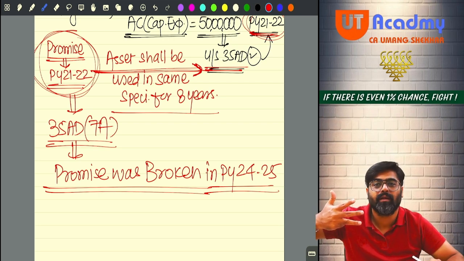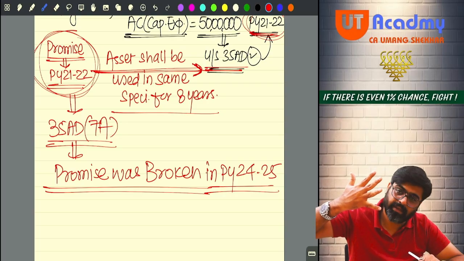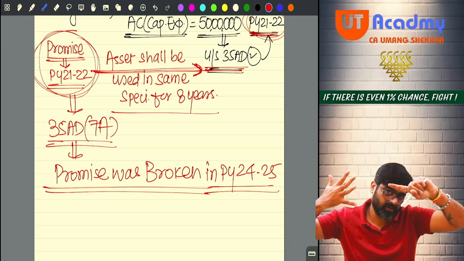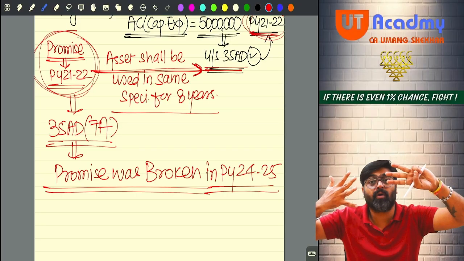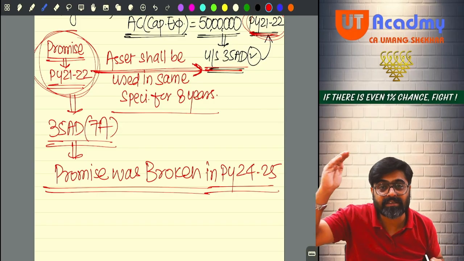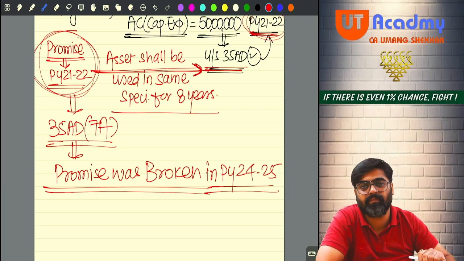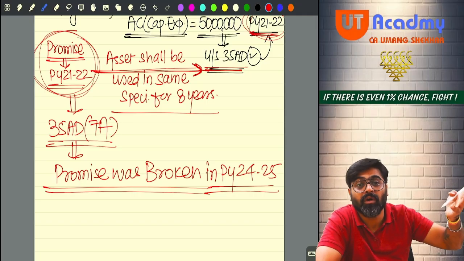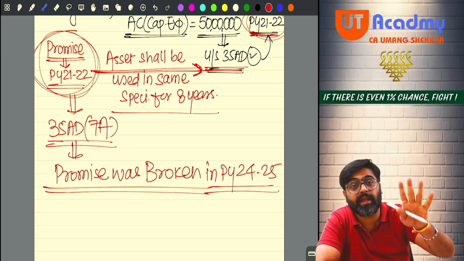Can the promise be broken in 25-26? Yes. Can it be broken in 26-27? Yes. In 27-28? Yes. In 28-29? Yes. Till 28-29, meaning the asset should remain in the same business till 28-29. If you want to take out this asset from specified business, take it out after 28-29, but not till 28-29.